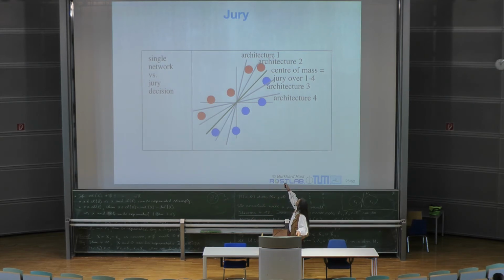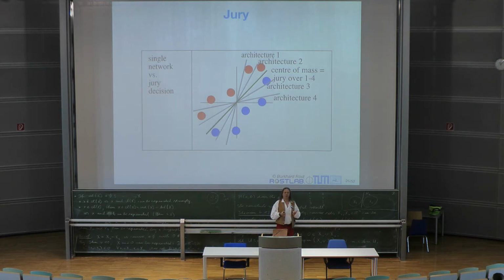Now, the final solution then is simply an average over all of these individual solutions. It's very easy to show that as long as these gray ones here are somehow correlated, that is clear, but as long as they all make some white noise, so they all add their individual white noise, not systematic mistakes, the average over all the grays, the green here, is going to be better than all the grays.